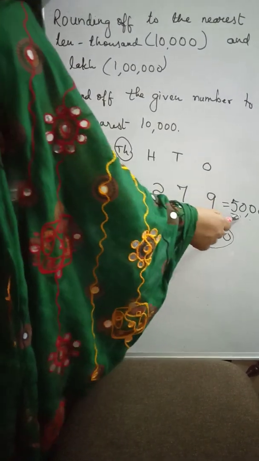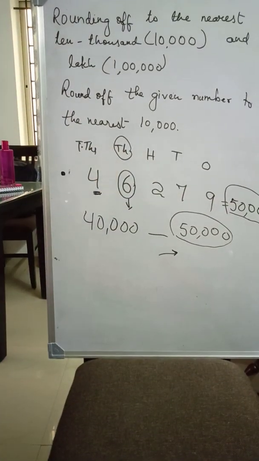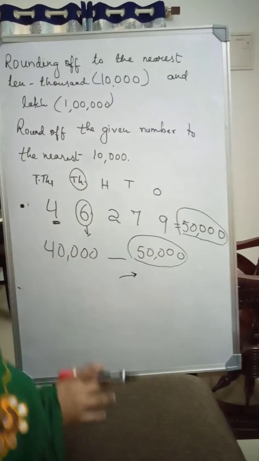So 50,000 is the estimated rounding off. Correct?